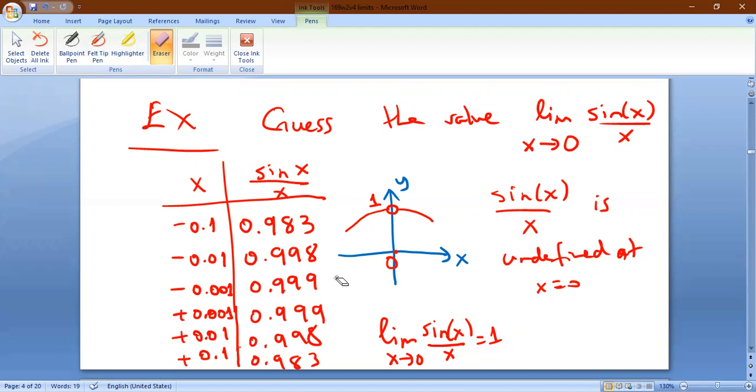If you look at the graph of the function, there will be a hole on the graph when x is 0, but y values will be approaching 1, so then we say the limit is 1. But as you see, there is no definition at 0. The function is undefined there. But the limit still exists. It's equal to 1.